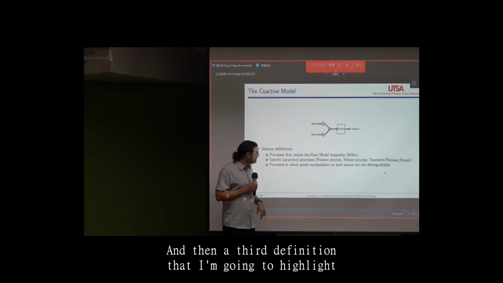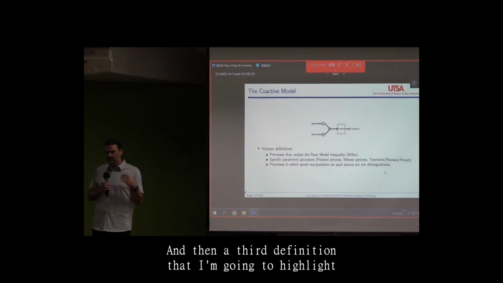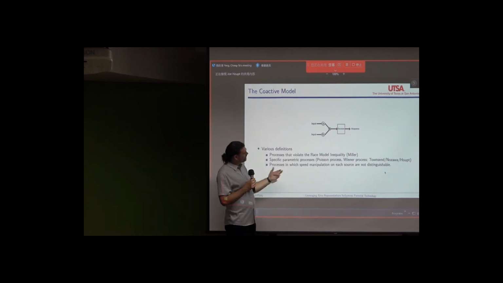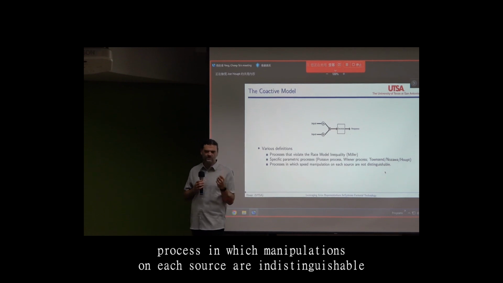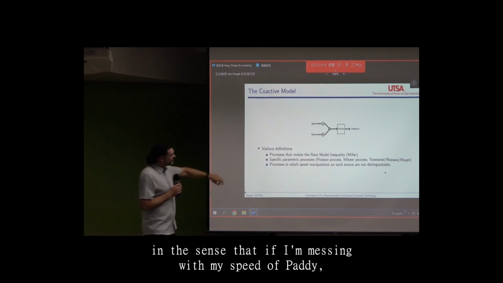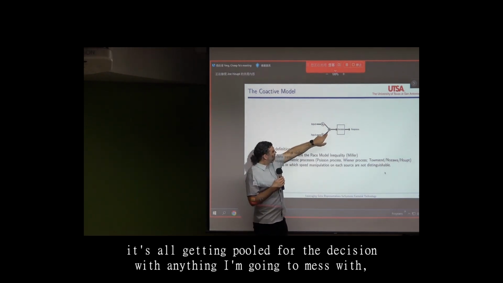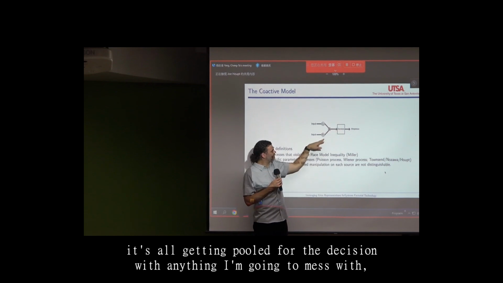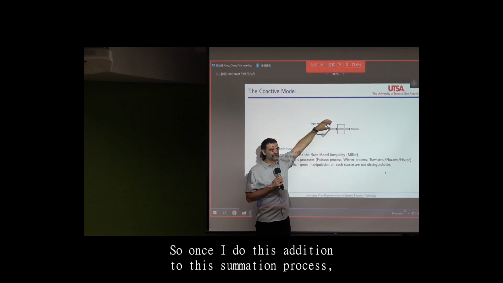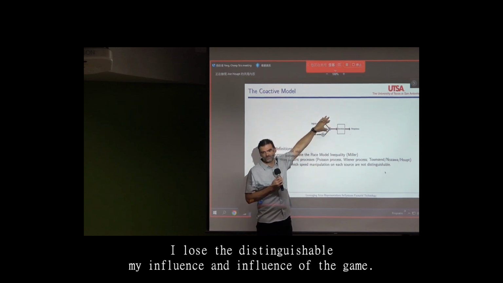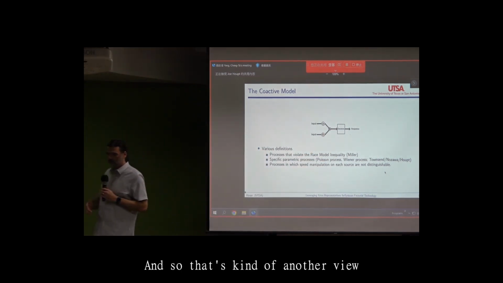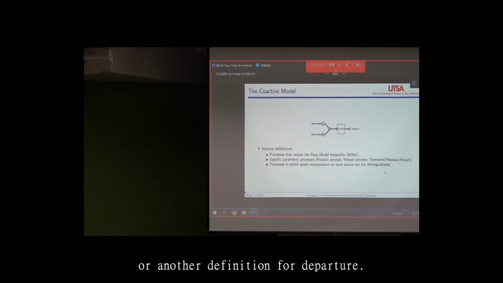And then a third definition that I'm going to highlight at the very end here is to call it processes in which speed manipulations on each source are indistinguishable. In the sense that if I'm messing with my speed of A, it's all getting pooled for the decision with anything I'm going to mess with my speed for B. So once I do this summation process, I lose the distinguishability of my influence of A and my influence of B. And so that's another definition for coactivity.